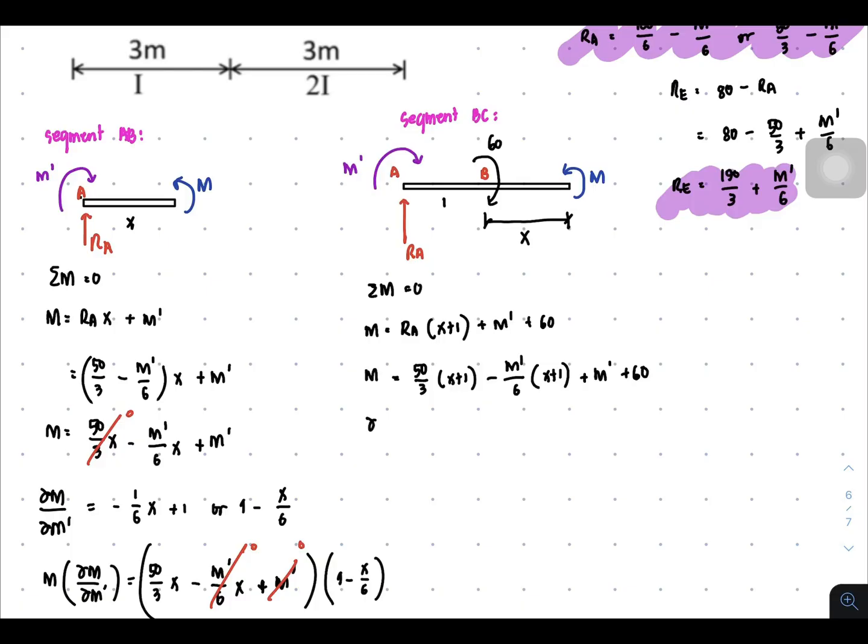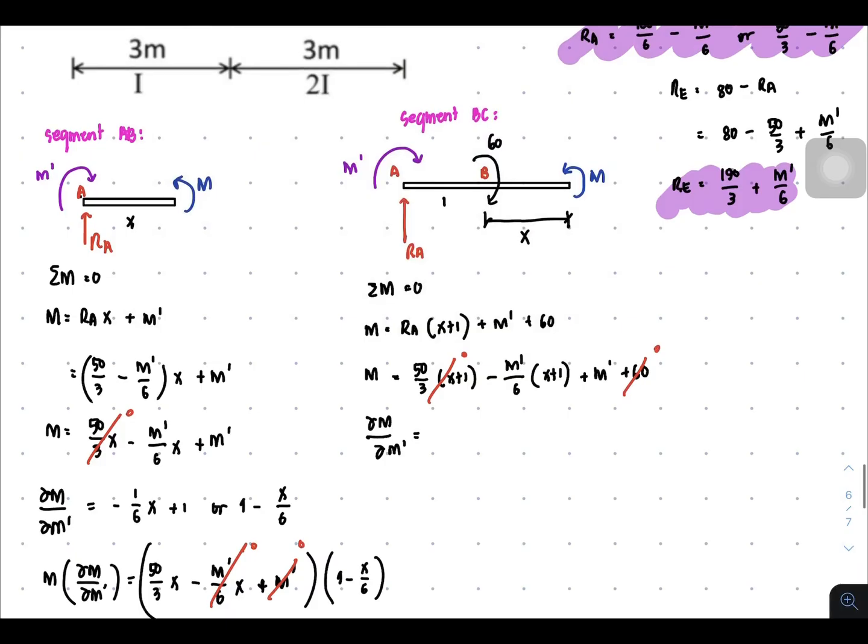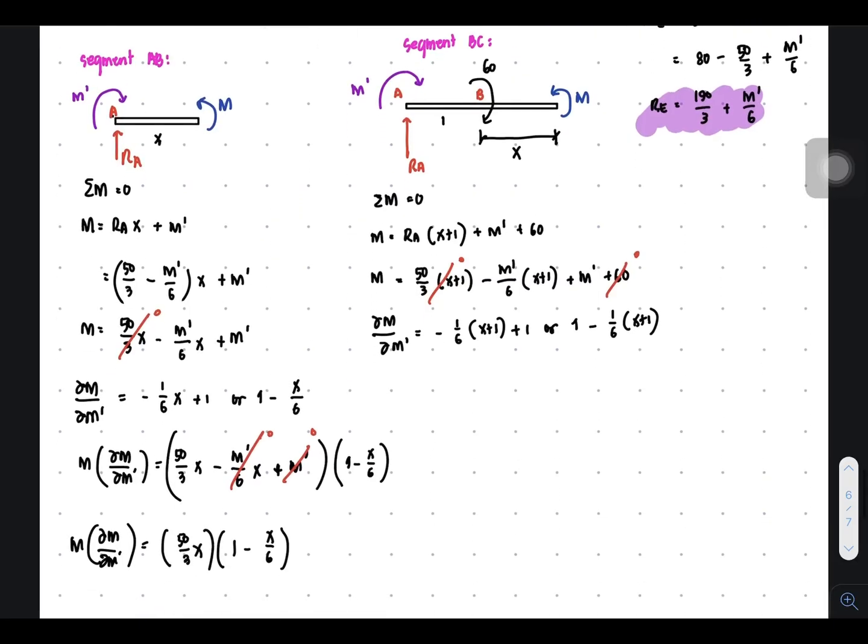And we're gonna get the partial derivative. So partial derivative of m with respect to m prime, and we will be setting to 0 the terms that have no m prime, and that would be negative 1 over 6 x plus 1 plus 1, or that is 1 minus 1 over 6 x plus 1.